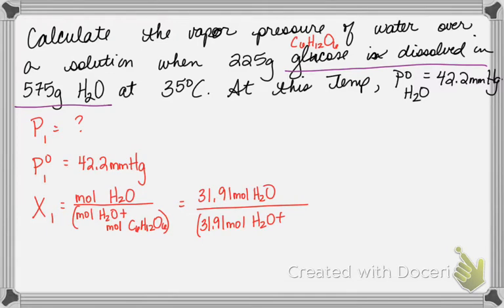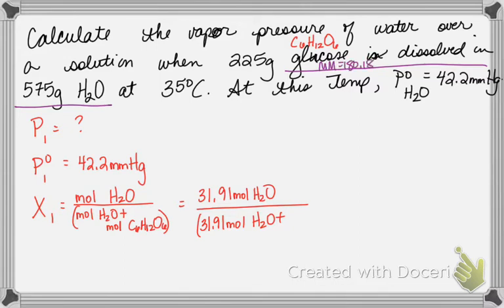So the molar mass of glucose, let's see. I got 180.18 for the molar mass of glucose. Molar mass is 180.18.